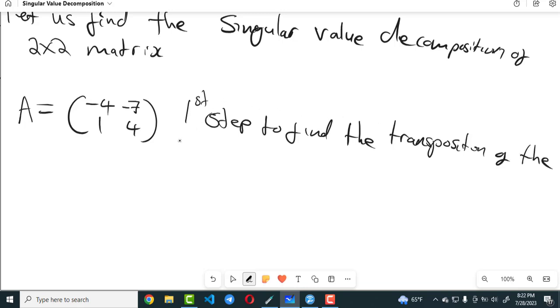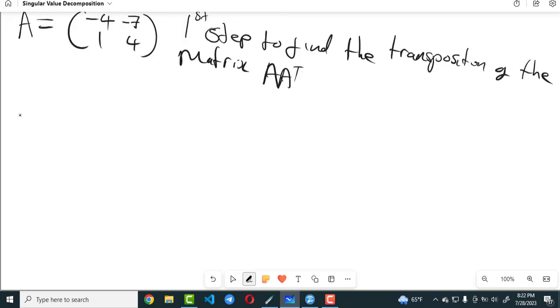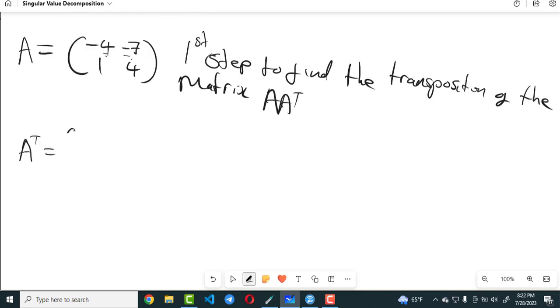To find the transposition of our given matrix, we say A power T is equal to, so this is our matrix, we take this value and this value, and we do matrix transposition.